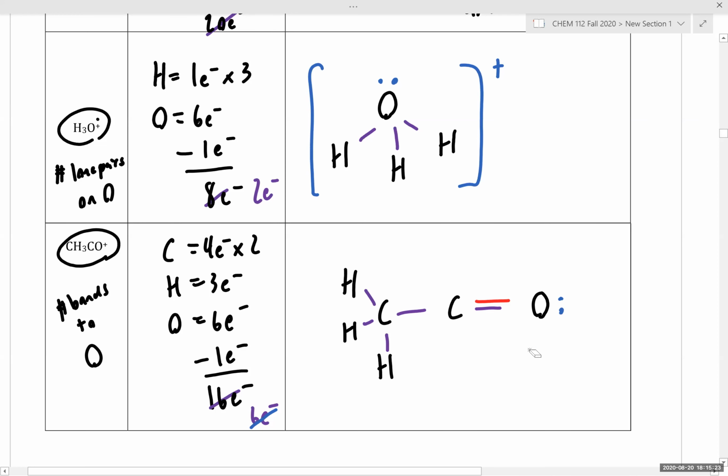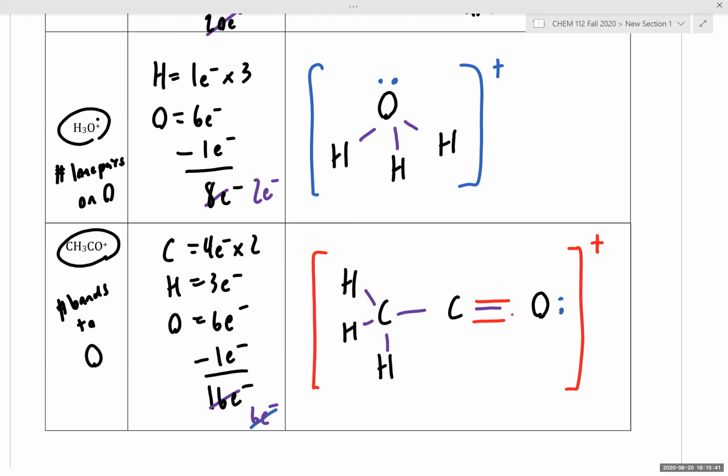We're still not done, so we're going to take another lone pair and form a triple bond. Next, we'll note that this entire species is a cationic species by placing the structure in brackets and assigning a positive charge. Does this make sense to everyone so far?